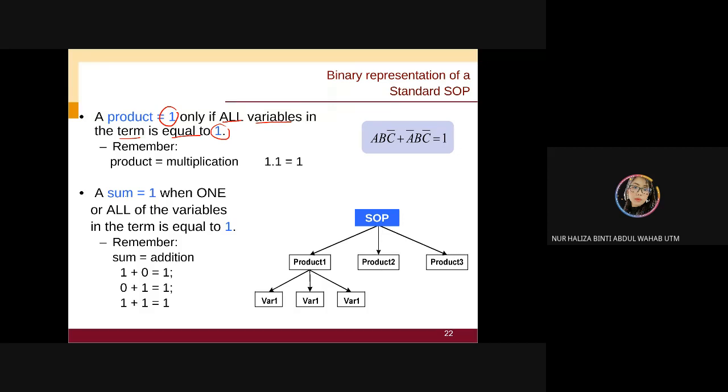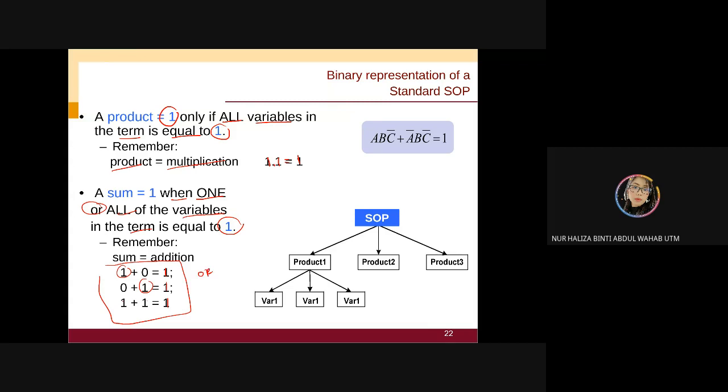So remember, product is multiplication, so 1.1 equals 1. A sum equals 1 when one or all of the variables in the term are equal to 1. So at least 1, you will get 1. 1 plus 1 of course is going to be 1.